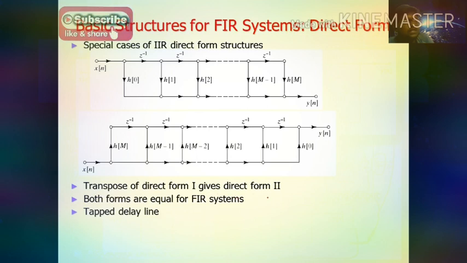In FIR, you simply call this the direct form structure. And then we have tapped delay lines. Both forms are equal for FIR systems only. This is a special case of the direct form structure, X of n and Y of n.